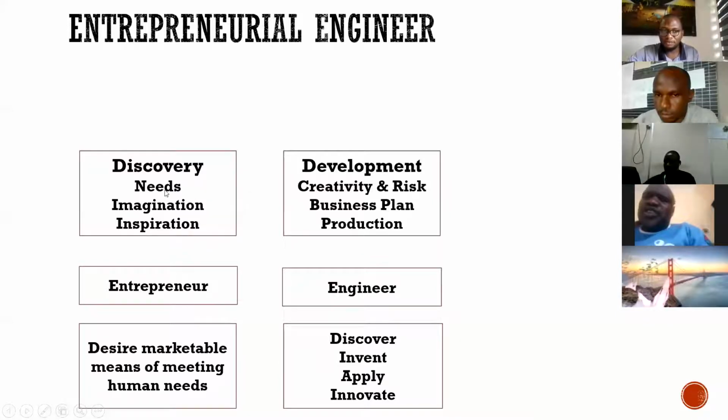That is to discover new things through imaginative thinking, and here to develop those things. And developing those things comes with a lot of risk. And also there will be need, because it's a market-driven development now, for feasibility and a properly detailed plan of production. So all these are what you find here.